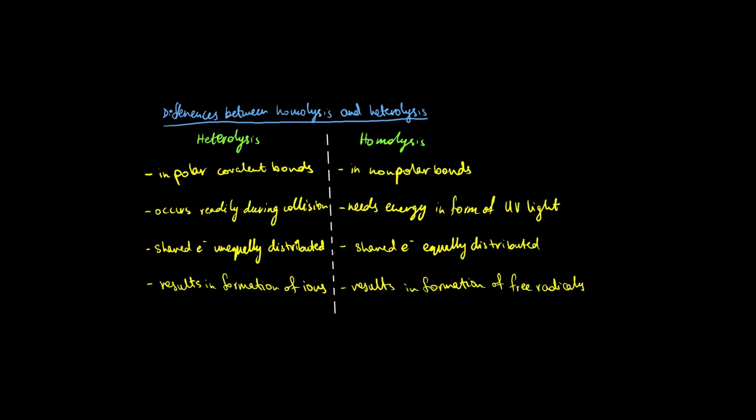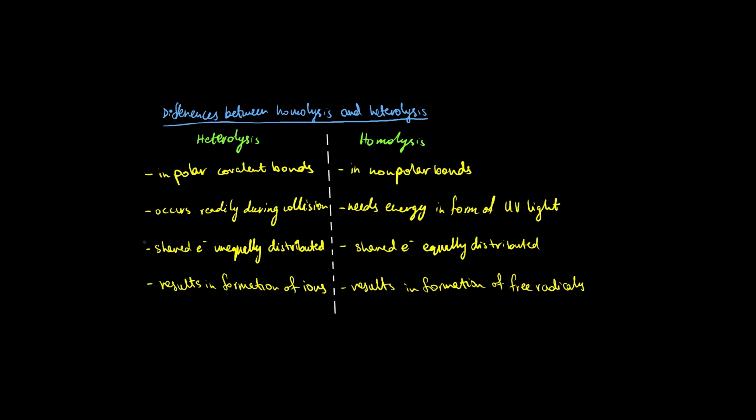Lastly, we'll be looking at the differences between homolysis and heterolysis. Heterolytic fission and homolytic fission can also be termed heterolysis and homolysis as processes. Heterolysis takes place in polar covalent bonds, while homolysis takes place in non-polar bonds. Heterolysis occurs readily during collision, meaning energy does not need to be provided for it to occur, but homolysis needs energy in the form of UV light, for example in free radical substitution.